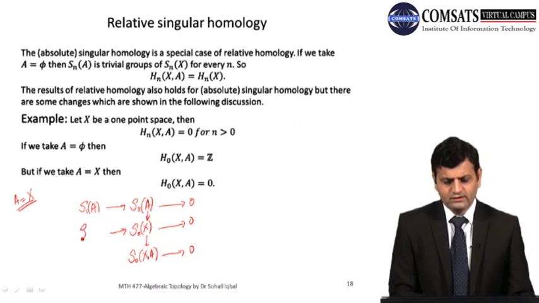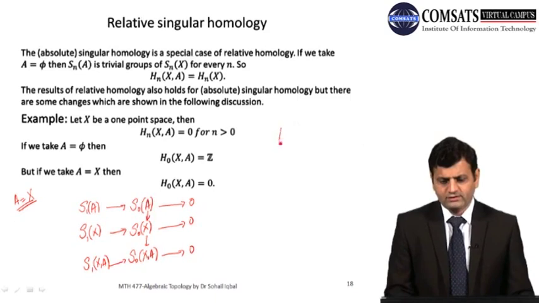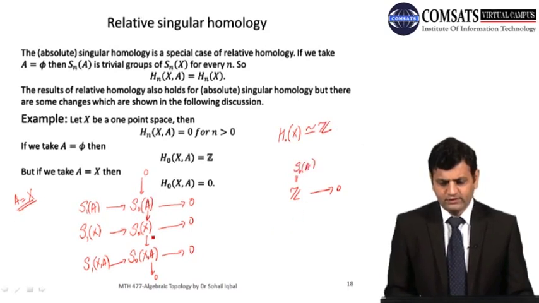Now we know that when we calculated the homology of a point, H naught of X is isomorphic to Z. But now let's see what will happen in this case. Since A is 1 point, this is isomorphic to Z. So this is basically S naught A, and X is a point, so this is also isomorphic to Z. So this is basically S naught of X, and this goes to, let's see what will be the quotient.